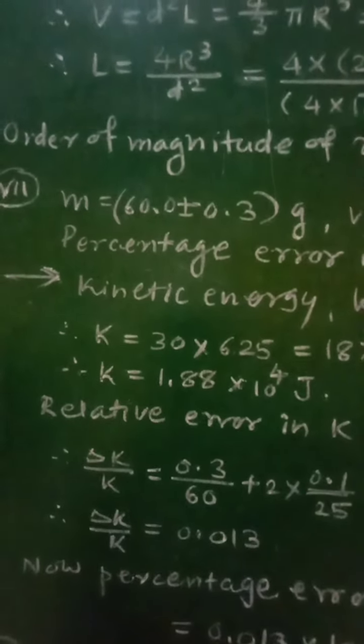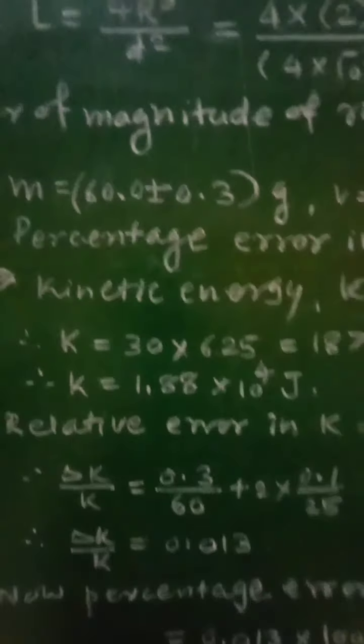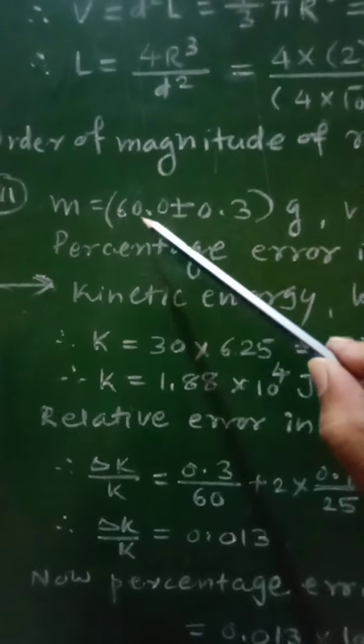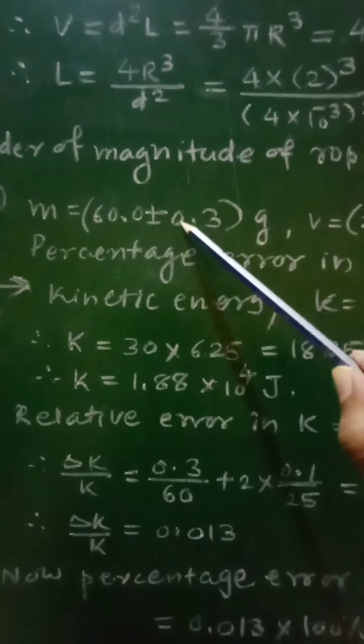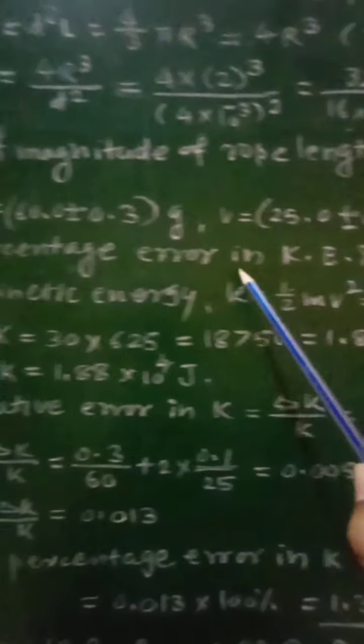We have to find the percentage error in the kinetic energy. Therefore, for this numerical number 7, the given data is mass m equal to 60.0 plus minus 0.3 gram, speed v equal to 25.0 plus minus 0.1 centimeter per second. We have to find the percentage error in kinetic energy.